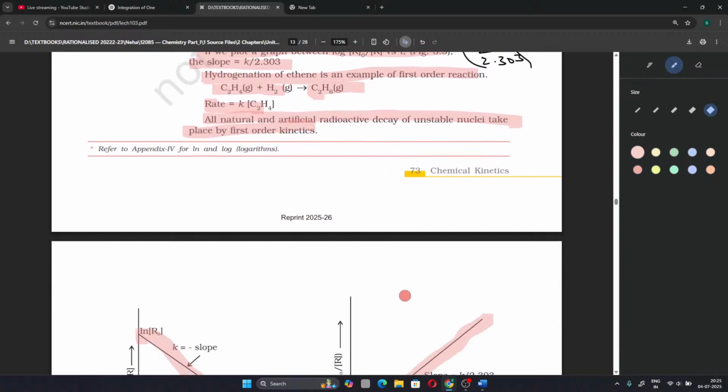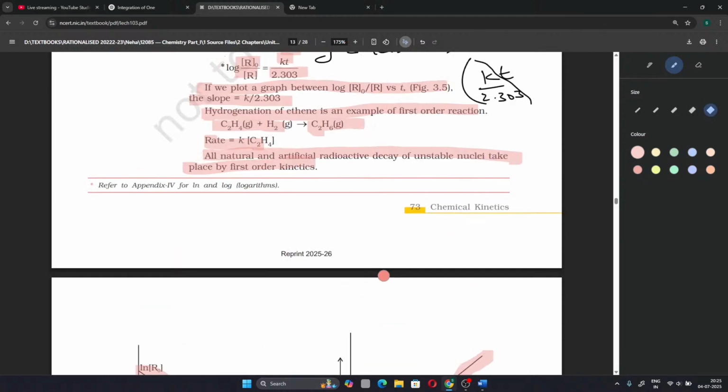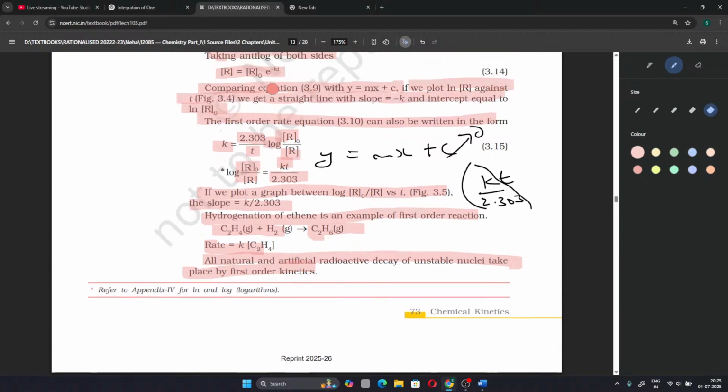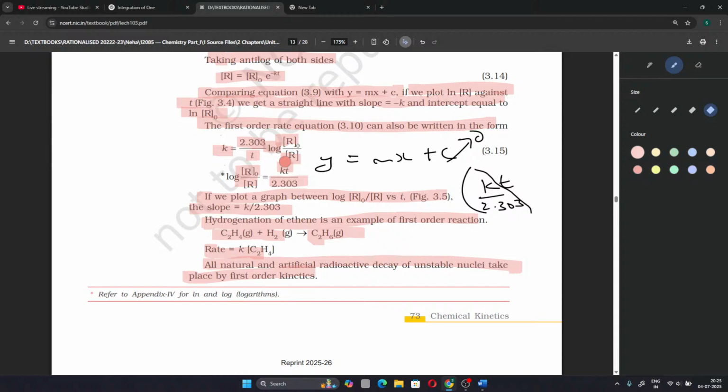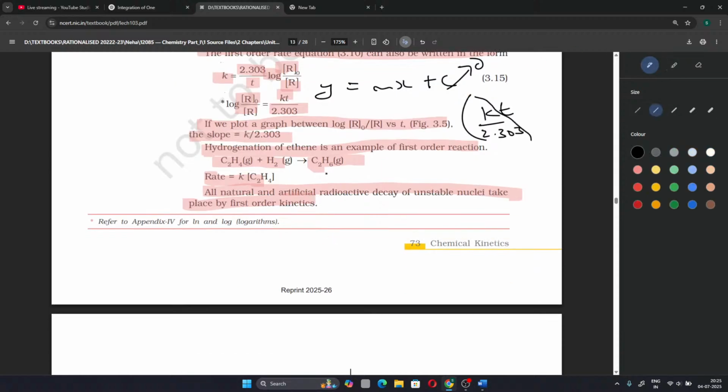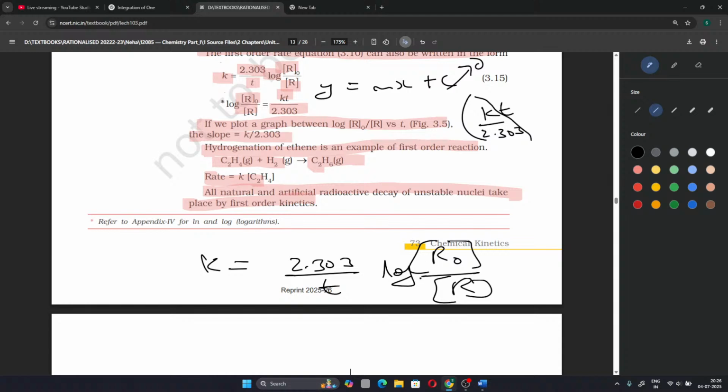There we converted ln into log and got kt by 2.303 equals log of R naught by R. When we want k, we send everything to that side, and it becomes k equals 2.303 by t log of R initial by R. This is the concentration in case of liquids.